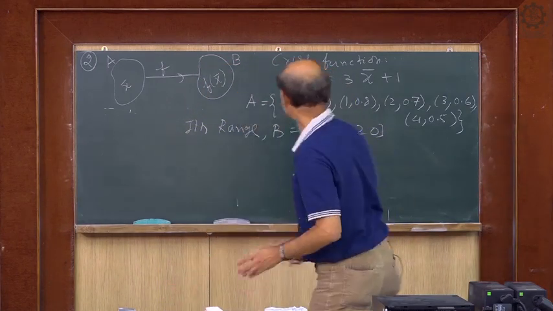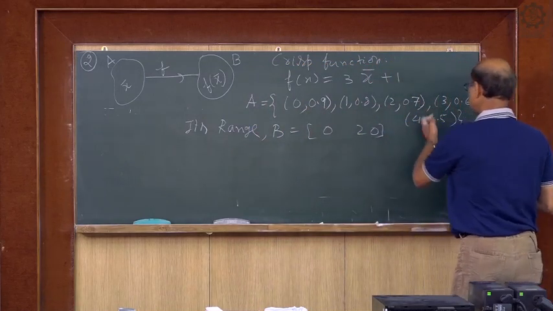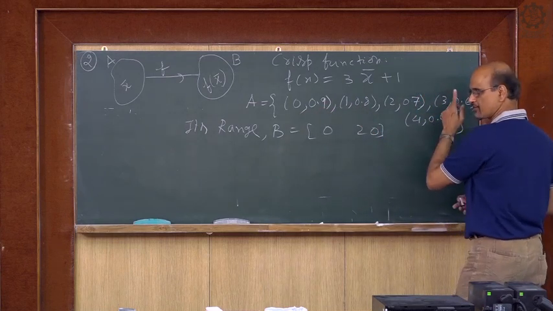So A has the elements 0, 1, 2, 3, 4 with membership values 0.9, 0.8, 0.7, 0.6 and 0.5.